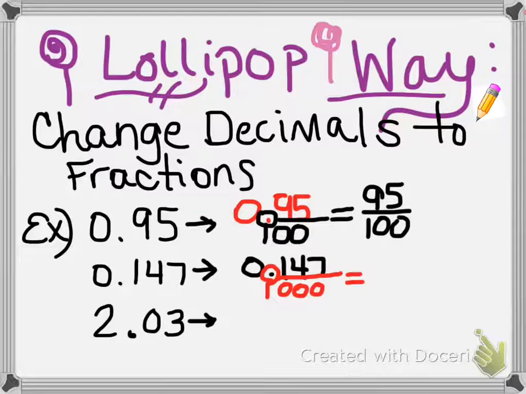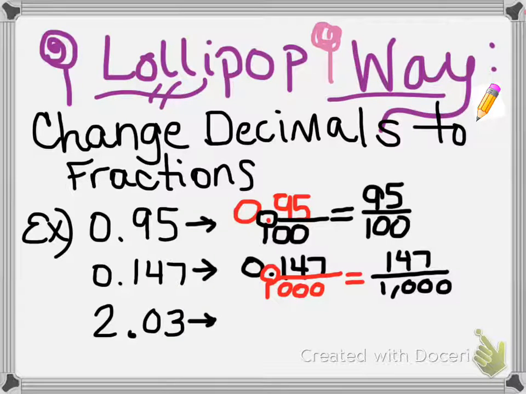So now we're back to an answer of 147 thousandths. Okay, again, some of you may already realize how it should be written because you have memorized your place value, but this is a helpful trick if you are working and you question yourself.